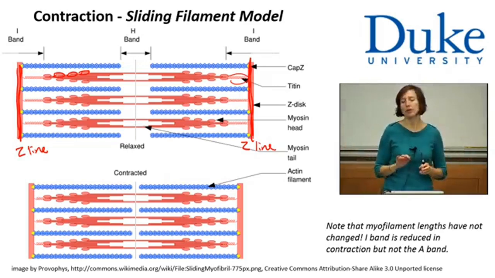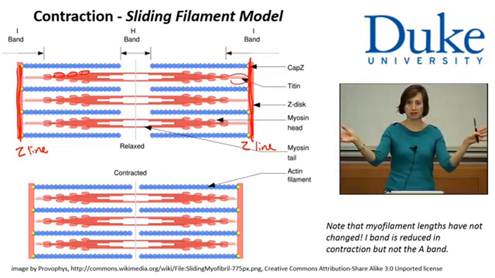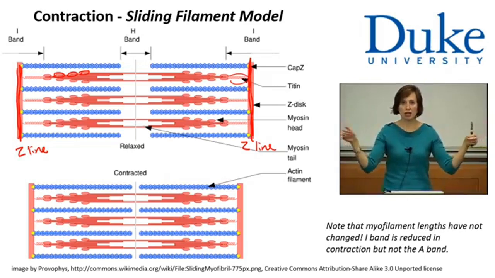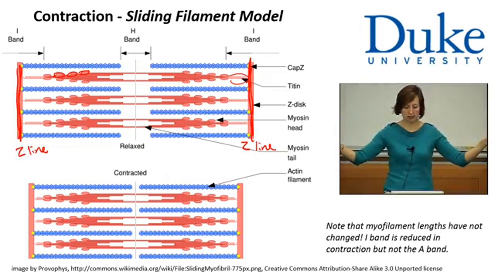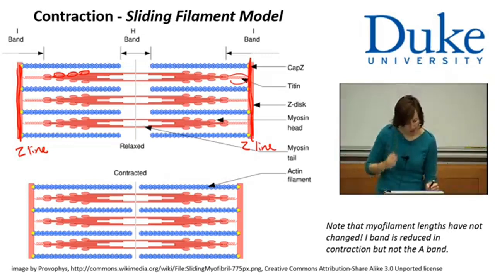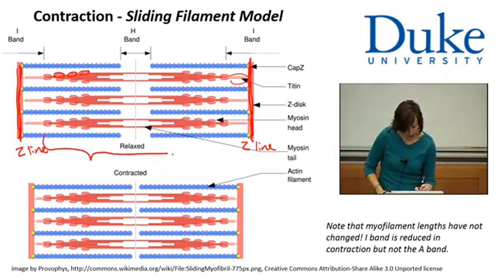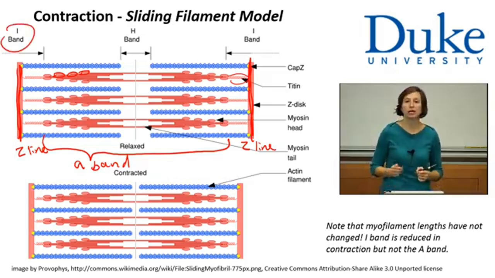So we've got these symmetrical myosin filaments that are each walking towards Z lines, causing the sarcomere to get shorter. Our A band would be the whole length of the myosin, and our I band, as is shown, will be where there's only actin.